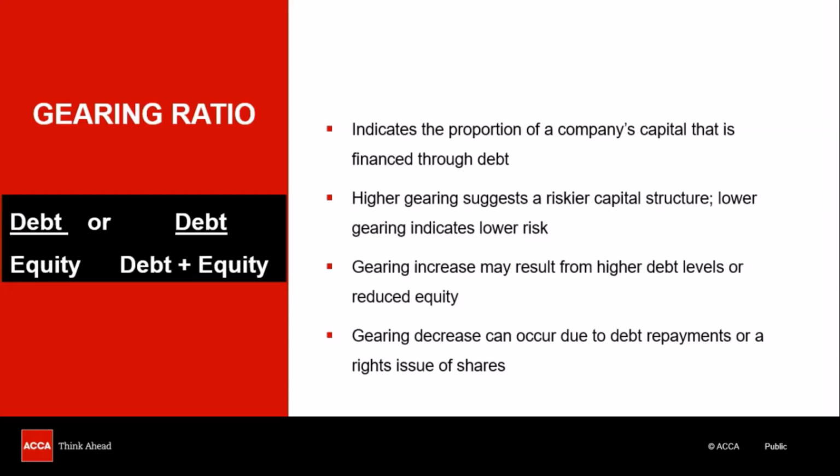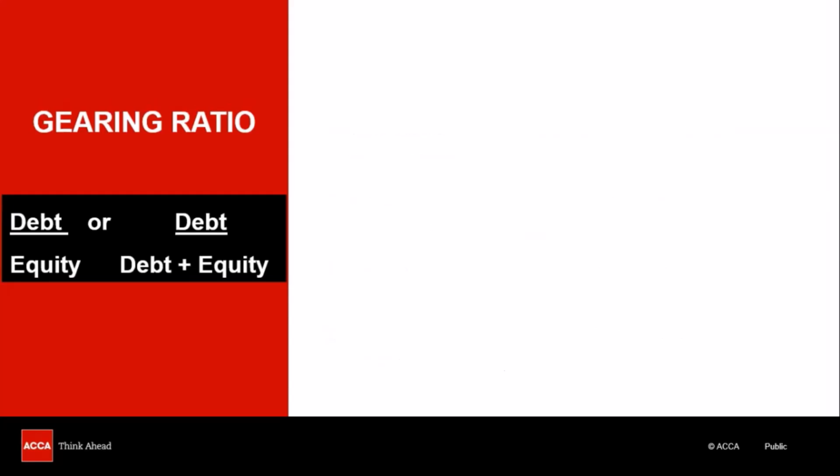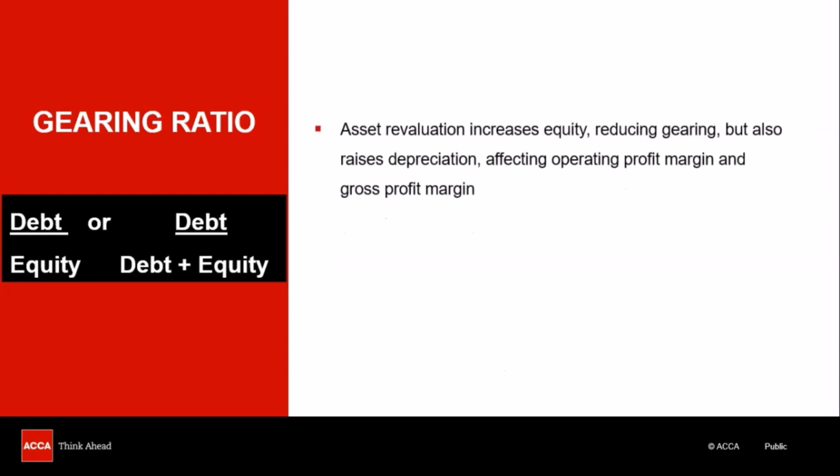So while you are analyzing the ratios, you need to see whether the increase in equity was because of something which resulted in an injection of cash into the business, or was it because of an unrealized gain? Over here, you can see asset revaluation increases equity, reducing gearing, but it raises depreciation, affecting operating profit margin and gross profit margin.